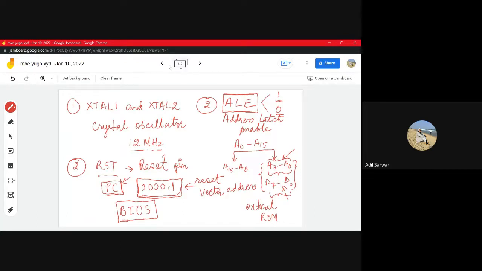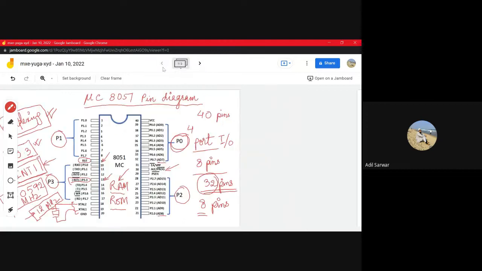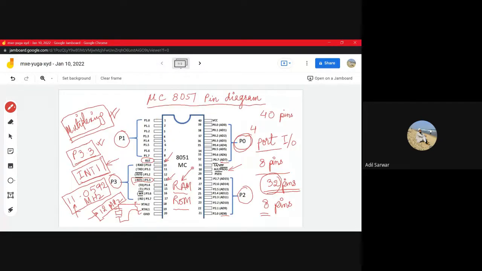Okay, fine. Let's move to another important pin, which is EA bar.